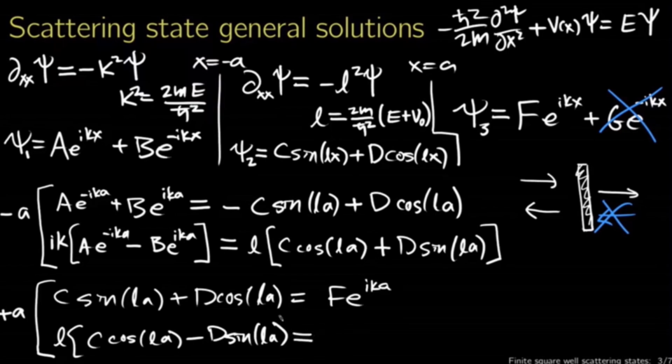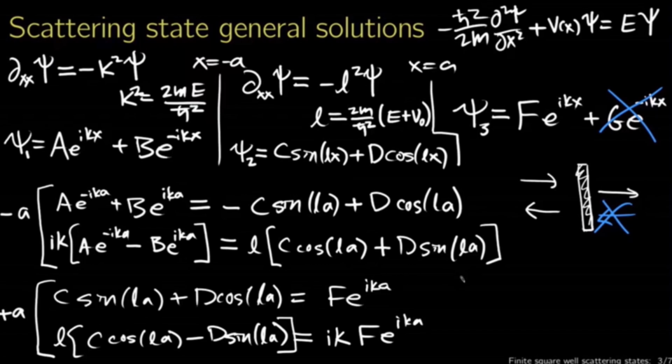That's our left-hand side, and it's going to be equal to, first derivative of this brings down an ik, as before, ik F e to the i k a. So those are our general boundary conditions, and we have essentially 5 equations and 5 unknowns here. We have A, B, C, D, and F all being unknown.